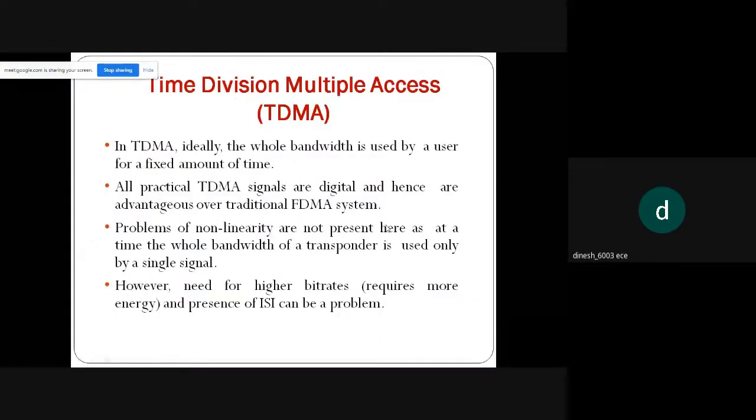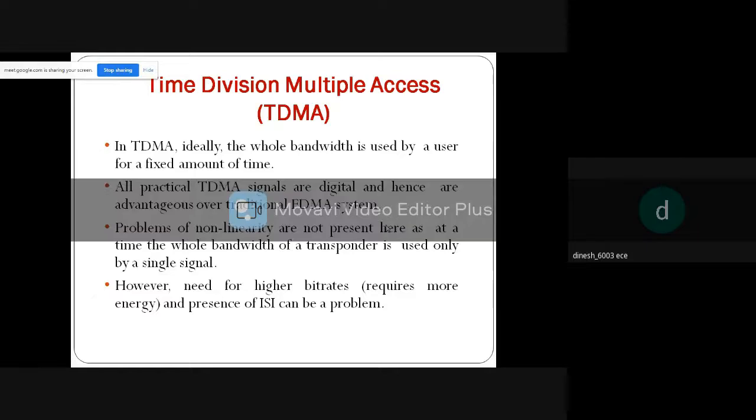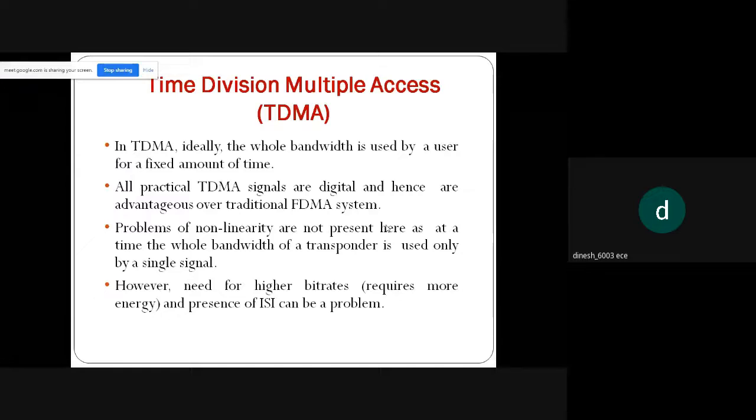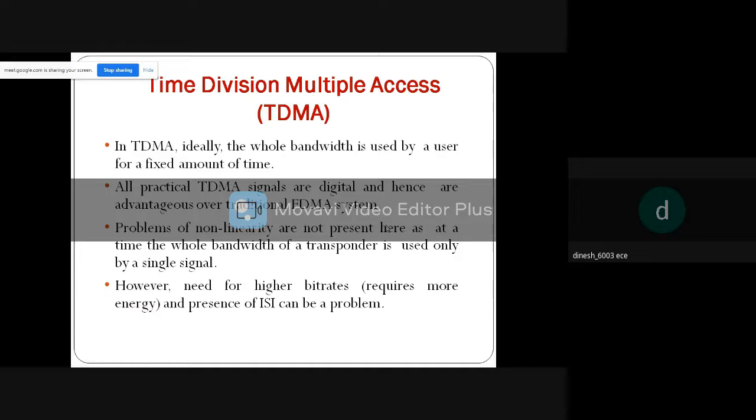Time division multiple access, shortly called TDMA, is spread over the spectrum. The whole bandwidth is used by a user for a fixed amount of time. One user will use one fixed amount of time, another user next, then next, then next, and it goes on.